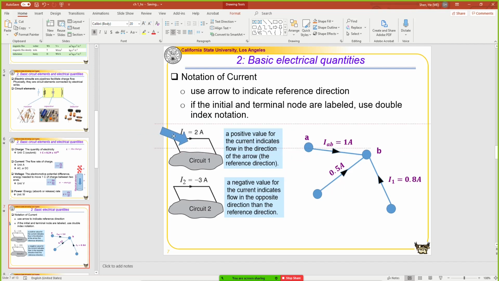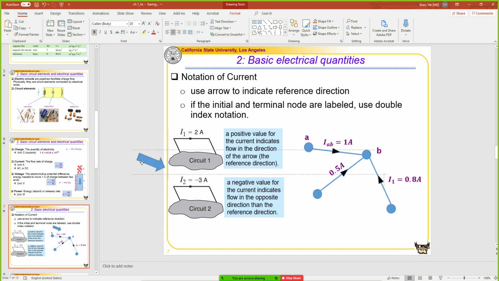For the same current, if I draw the reference direction pointing towards the left, this I1 will be equal to negative 2 A. If the initial and the terminal nodes are labeled, we can use double index notation. For example, we have a current flowing from node A to node B, and we can define the current as I_AB equal to 1 amp.